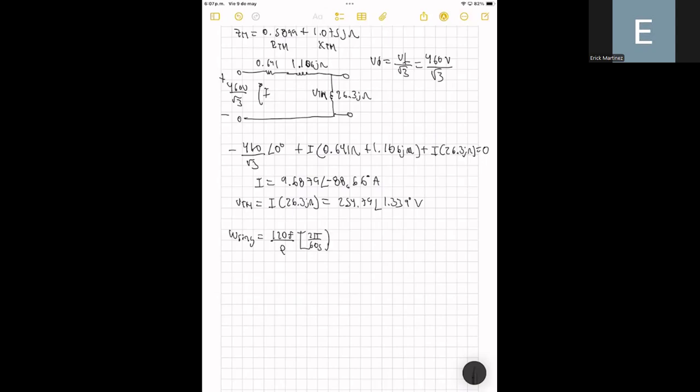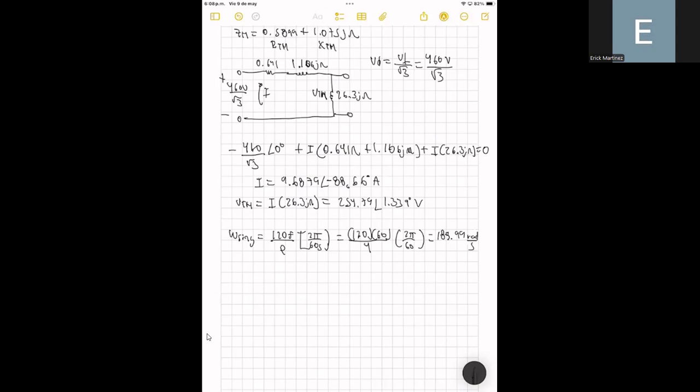If we substitute the values that we have, we have 120 times the frequency, that is 60 hertz, divided by 4, multiplied by 2 pi divided by 60, and we will obtain 188.99 radians per second. Okay.